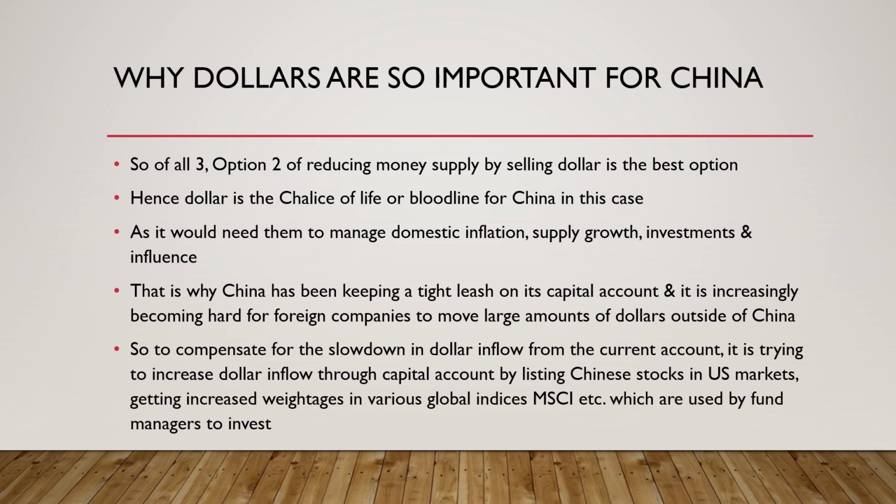So to compensate for, as we have seen in the previous slide, how the current account of China has been slipping, to compensate for the slowdown in dollar inflow from the current account, China is trying to increase dollar inflow through the capital account. How is it doing that? By listing Chinese stocks in US markets, putting some influence and increasing weightages in various global indices, MSCI, etc., which are used as benchmarks by various fund managers to invest in stocks and markets around the world.